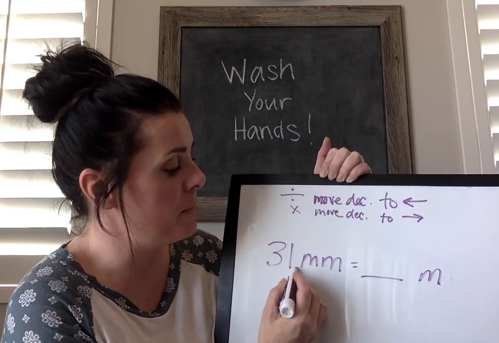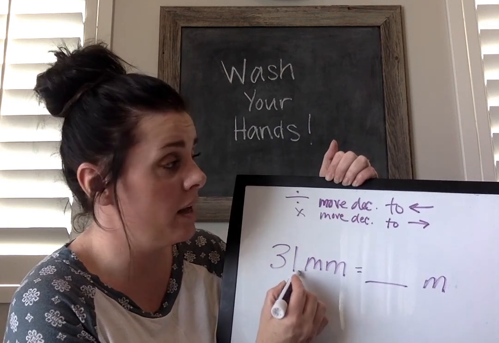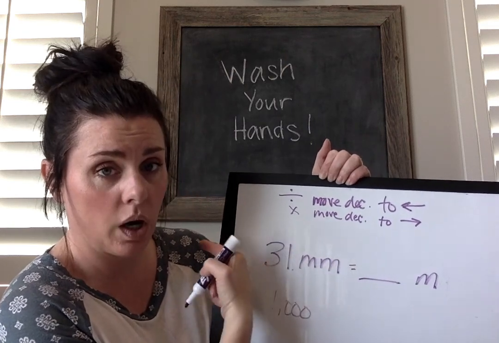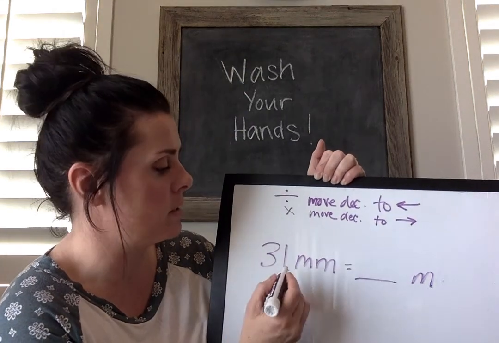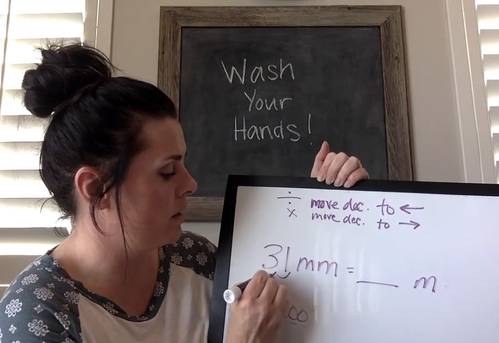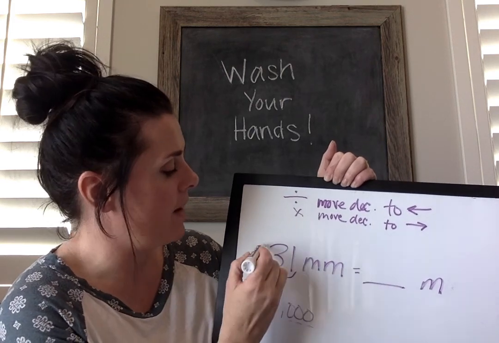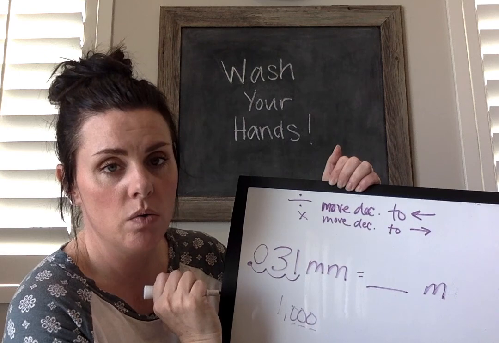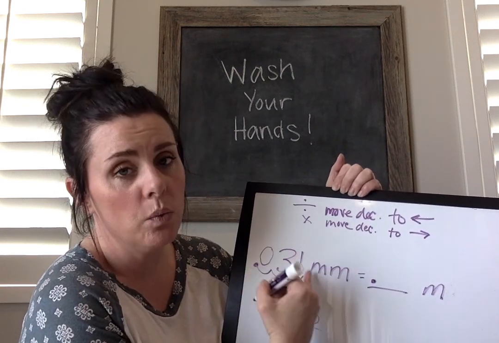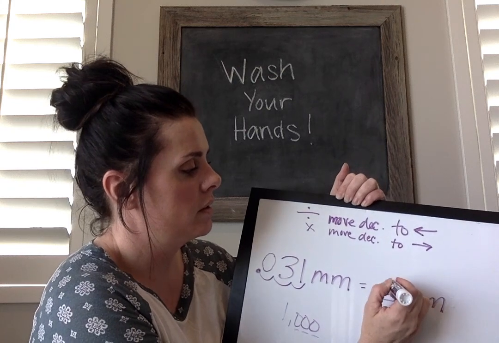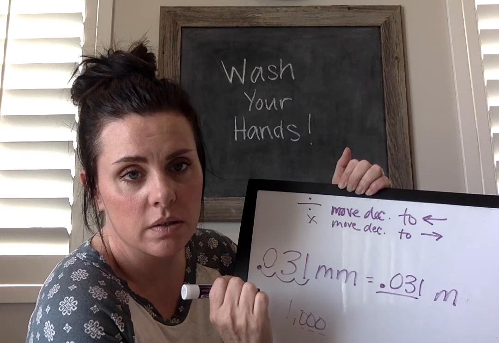So that means I'm going to take my little invisible decimal point, and if I'm dividing, I'm moving to the left, so I'm going to go back this way, and I have to do it 3 times. 1, 2, 3, because there's 3 zeros. So I'm going to start here, and I'm going to go 1, 2, 3. And there's my decimal point, and if I have a blank, I put a 0. So my answer is, in 31 millimeters, there is 31 thousandths of a meter.